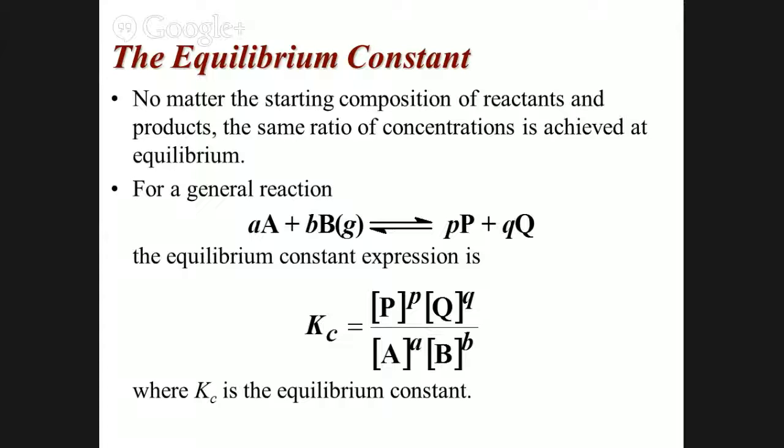Basically, the products go on top and the reactants go on the bottom from the forward direction. And what the equilibrium constant, the Kc, does is if it's a big number, it means we make a lot of product. The numerator is bigger than the denominator if it's much bigger than 1.